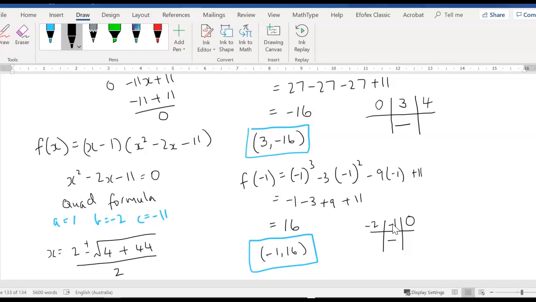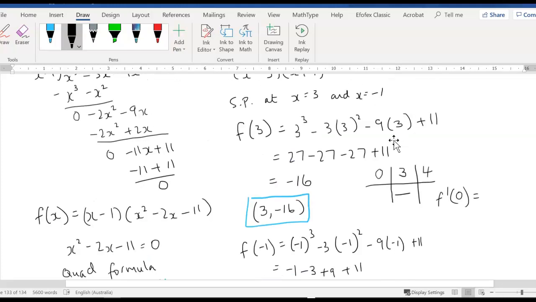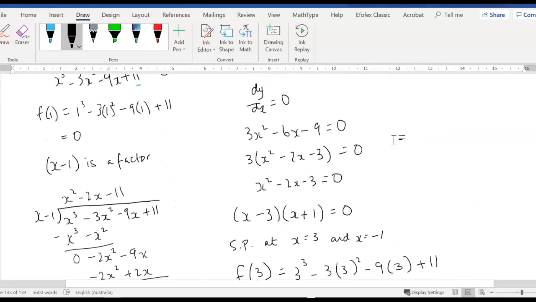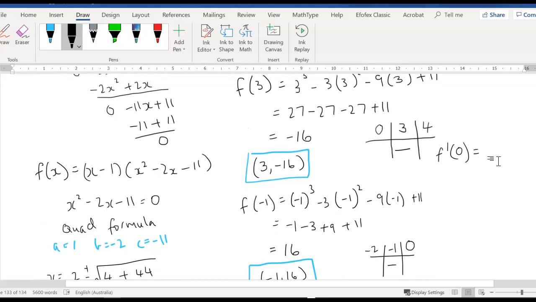All right, so let's test it out. So because we're doing the gradient function, all right, f dash of 0. All right, so when we substitute 0 into our gradient function, 3x squared minus 6x minus 9, I'm going to get -9.